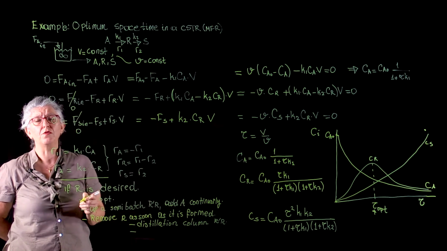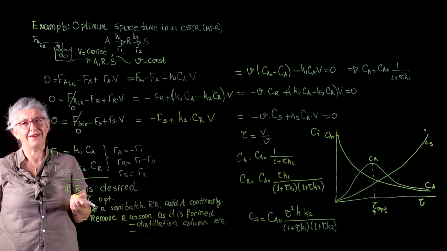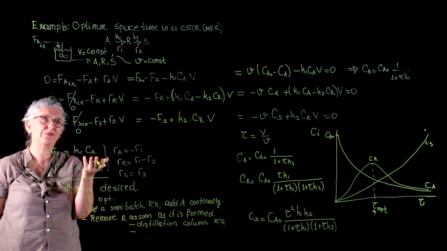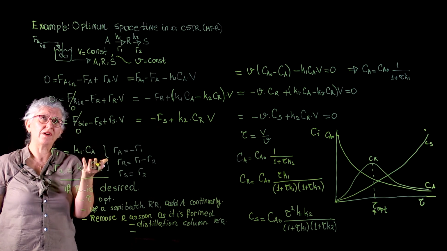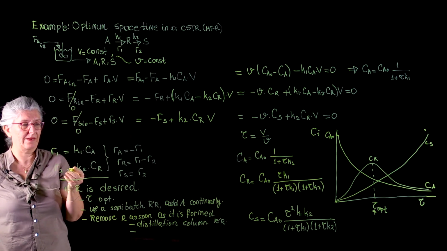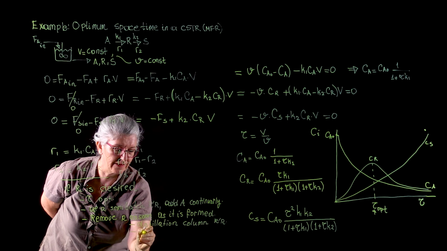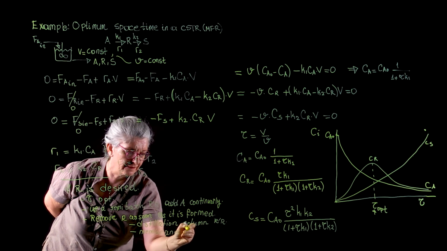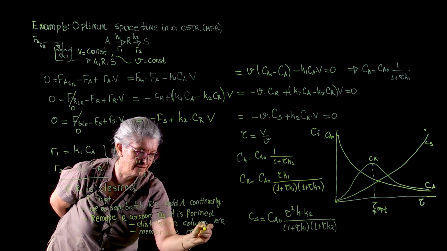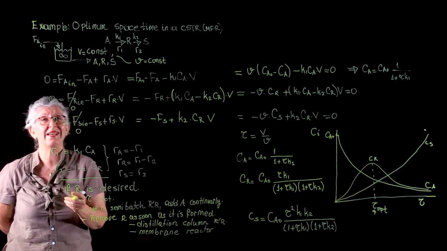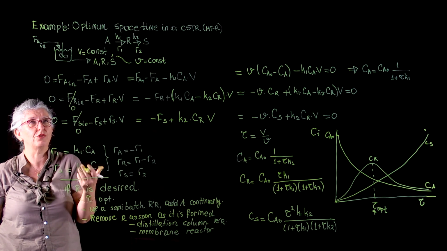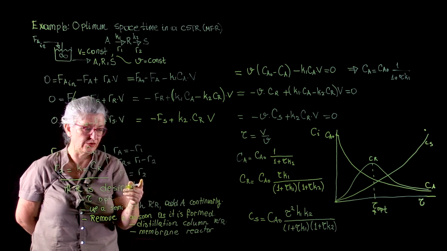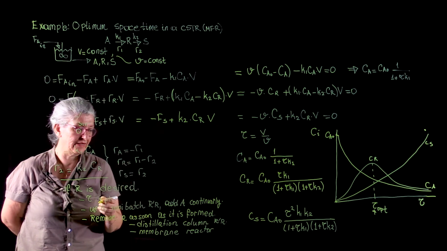We can remove R if the molecular structures allow us to do so. We can remove R by using a membrane, or we can use an absorbent to remove R to avoid its continuing formation to S. Right?